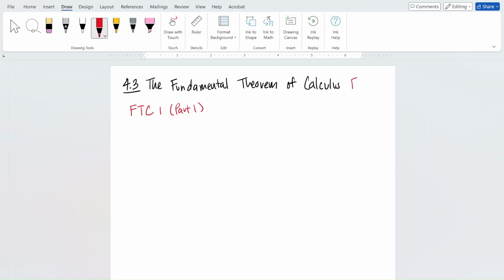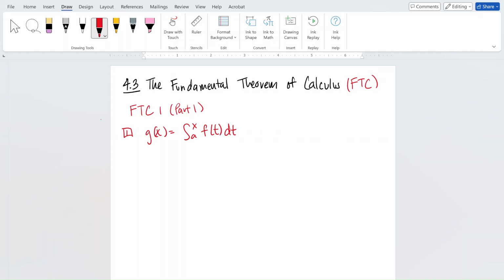And FTC just represents fundamental theorem of calculus. The functions being used in the fundamental theorem of calculus have the equation of the form g of x is equal to the integral from a to x of f of t dt.